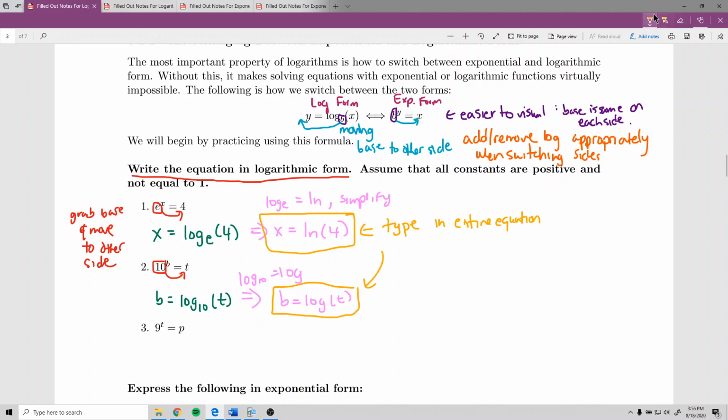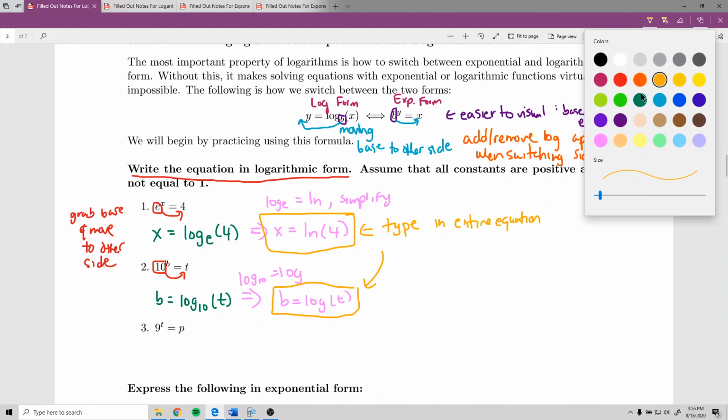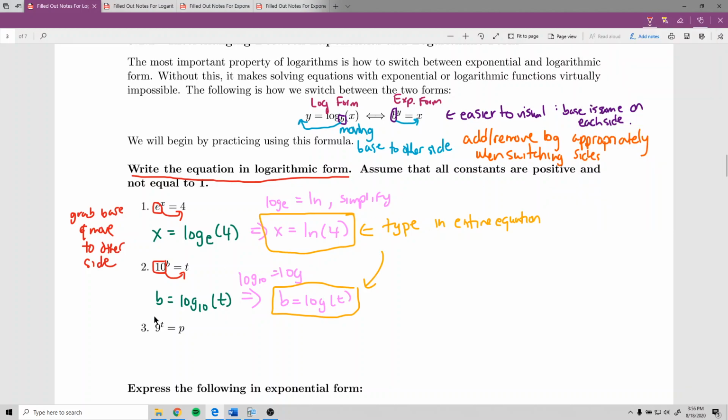Same thing, type in the equation. All right, in the last one, we have 9 to the t equals p. But we're doing the same thing. We're moving the base to the other side as the base of a log. The left side is now t, and the right side we get log base 9 of p.